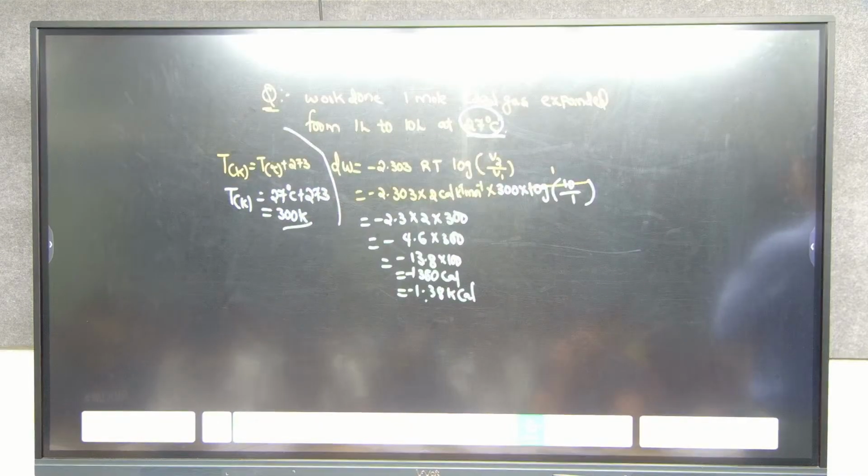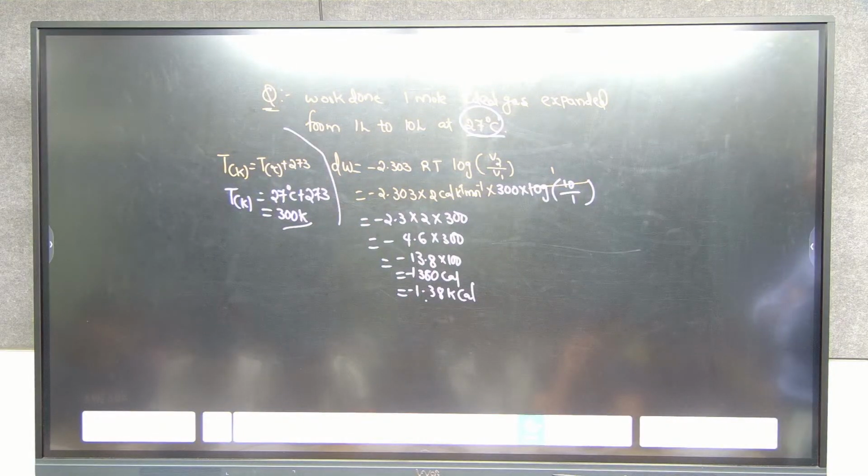Then calculate work done. In calories you do. So what to do, tell me first. What am I asking you? Work done. What is the formula? Minus 2.303 nRT log V2 by V1. Just put and tell me your answer in kilocalories.